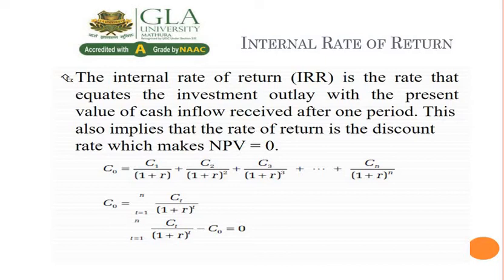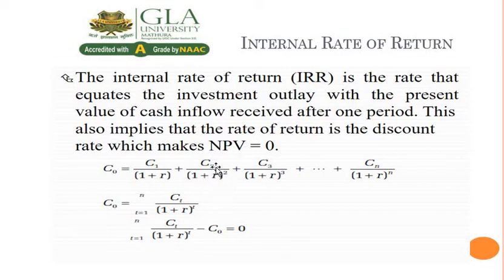In this slide we also say this thing, the discounting rate which makes NPV equal to 0. That's the formula, C1 upon 1 plus R. That's the same thing we discussed in net present value, where we wrote R or K. That is the difference: there we called it the discounting rate and here we call it the internal rate of return.